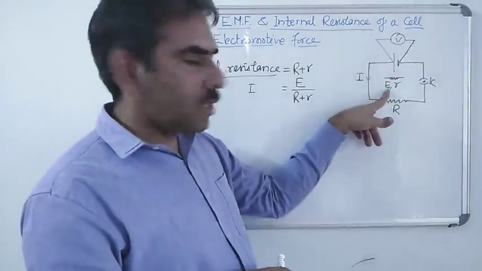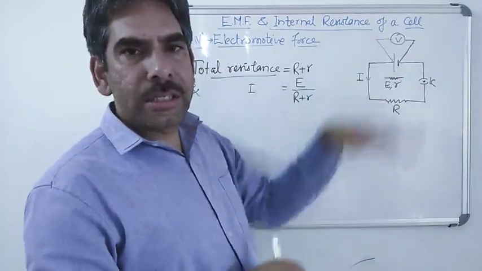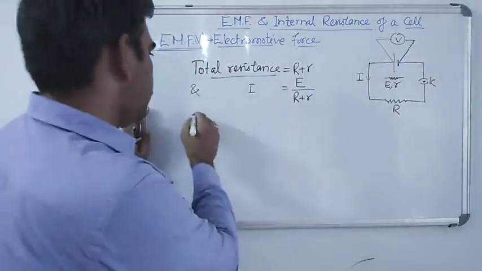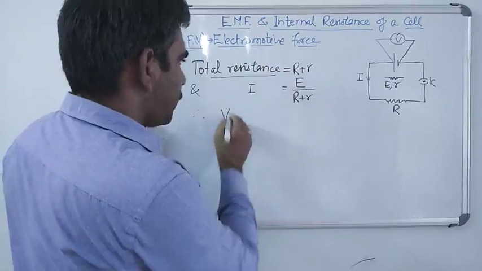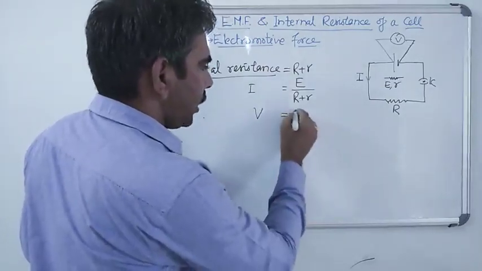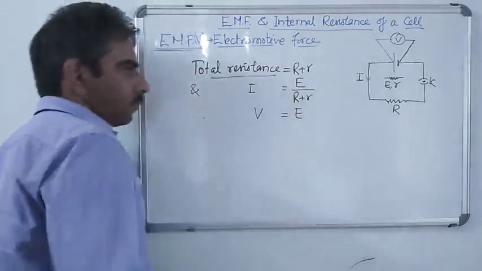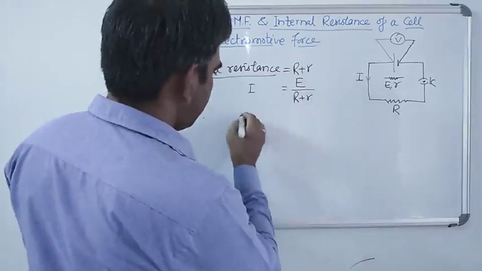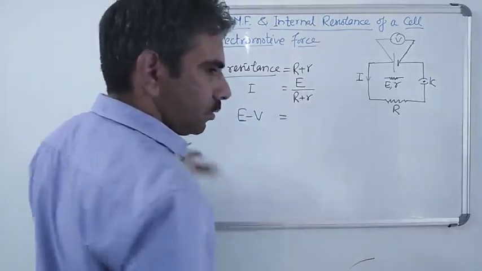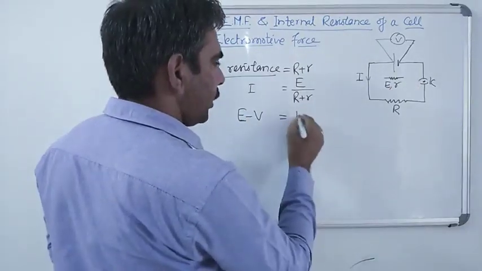It is smaller than the EMF of the cell, and this potential difference is now called the terminal potential difference, which we represent with V. So this terminal potential difference is smaller than the EMF. By what amount? Let me write it this way: E minus V is equal to the potential drop across the internal resistance of the cell, which is I into r.